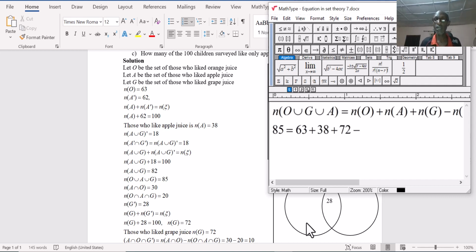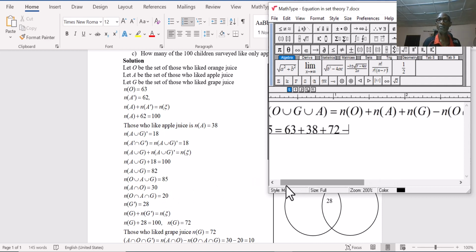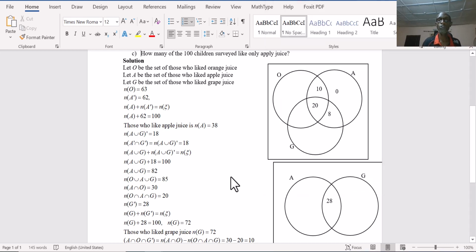So we now move to the next page. O intersection A is 30, minus 30. Now, if we look, A intersection G is 28. That is from this circle.